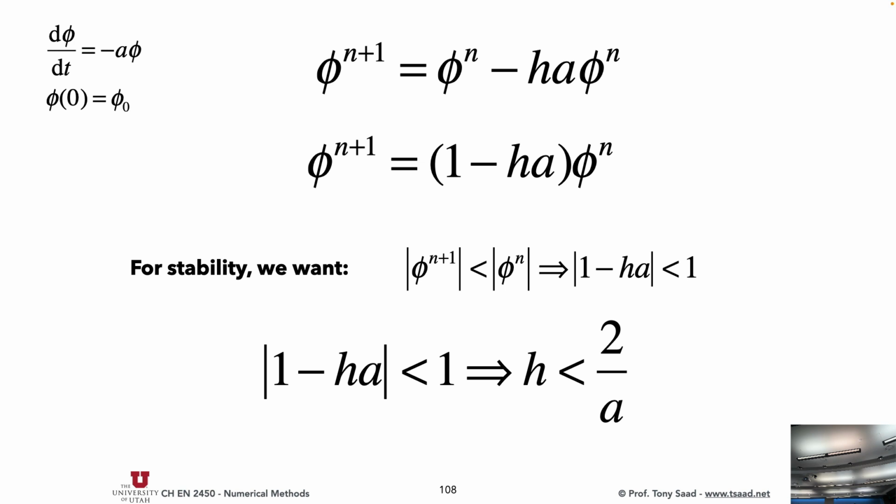If it's less than 2 over a, you can at least guarantee that your solution is not going to wildly oscillate. But the cost of that is that if you have sharp transients and then regions of slow change, you're paying the price of a very small time step, which is a very expensive price to pay in the grand scheme of things.